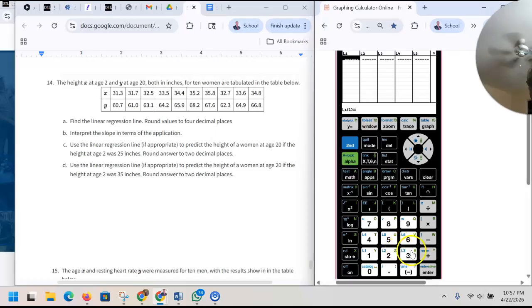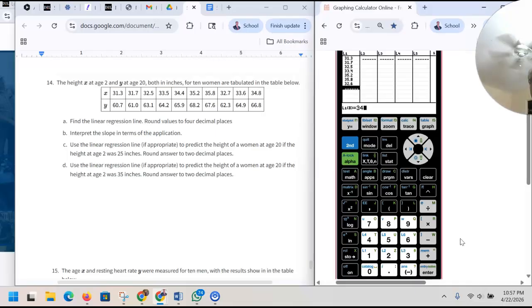So let's put those numbers: 31.3, enter, 31.7, 32.5, 33.4, 35.2, 35.2, then 35.8, 32.6, and 34.